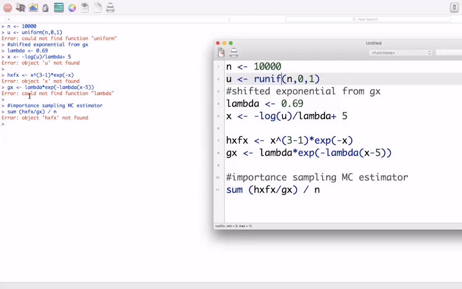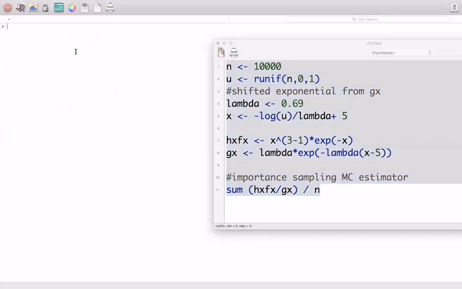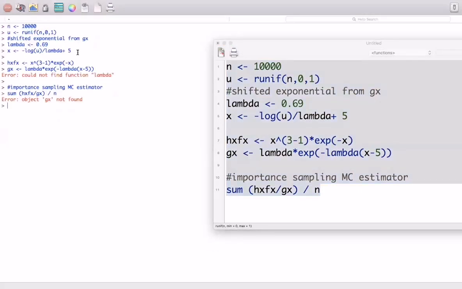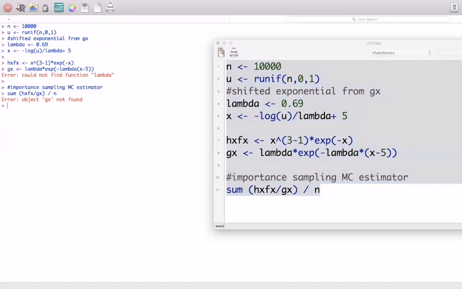Okay, let's run that again. Okay, I forgot to multiply by lambda here, so I'll run this again. Okay, so I get a value of 0.249.